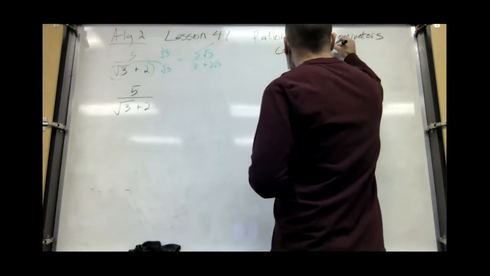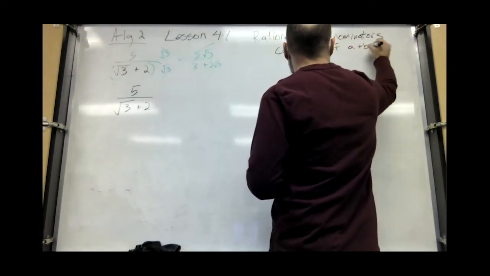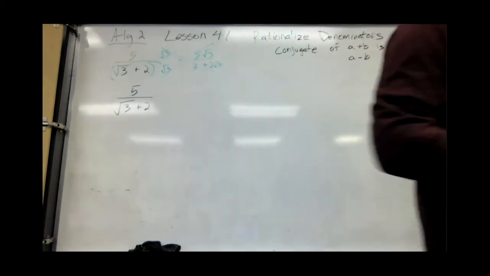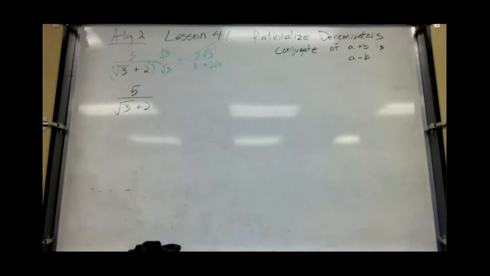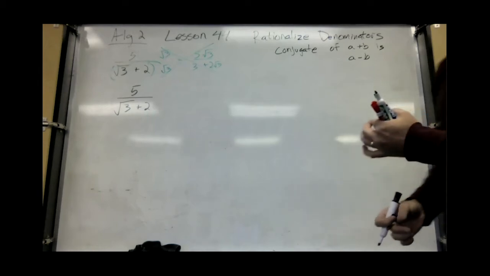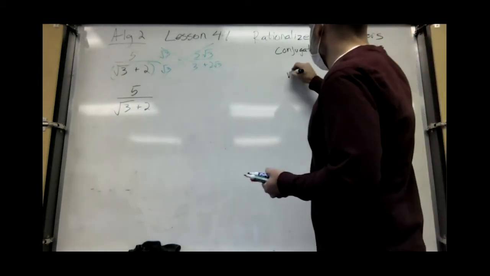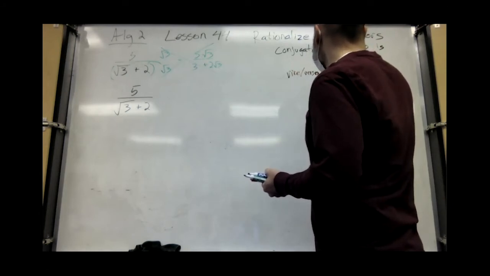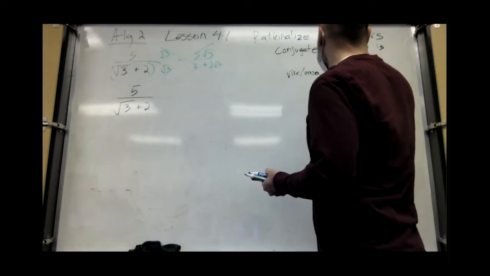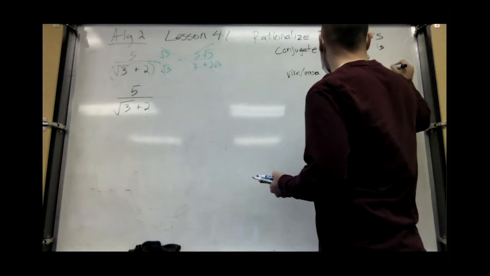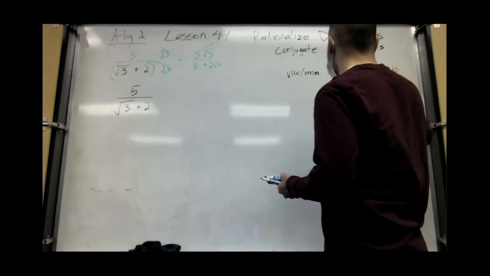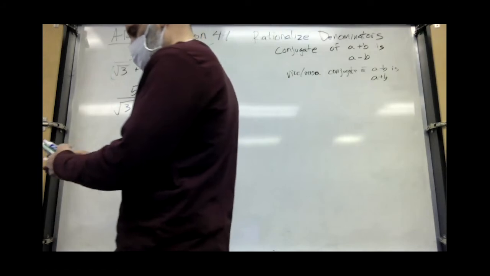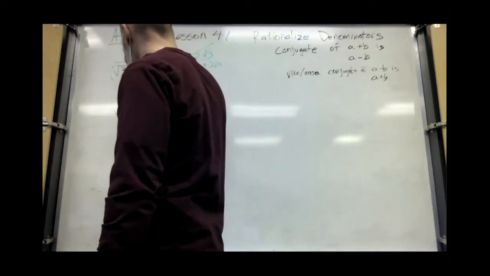Conjugate of A plus B is A minus B. A conjugate of a sum of two things is just switching that addition to subtraction, or vice versa. So conjugate of A minus B is A plus B. Okay, now we're going to use that here. So what's the conjugate of radical 3 plus 2?